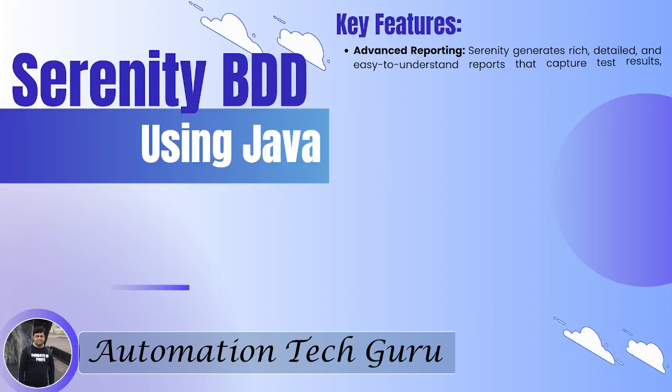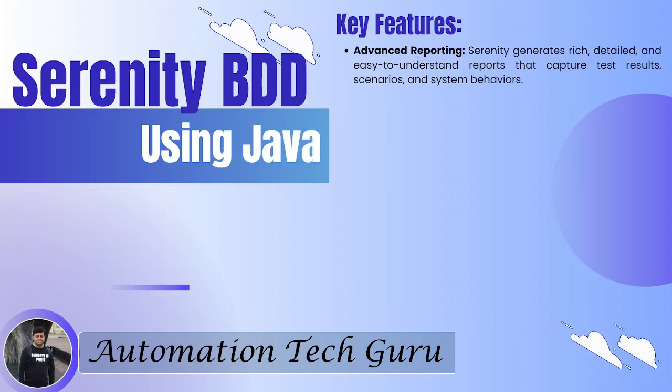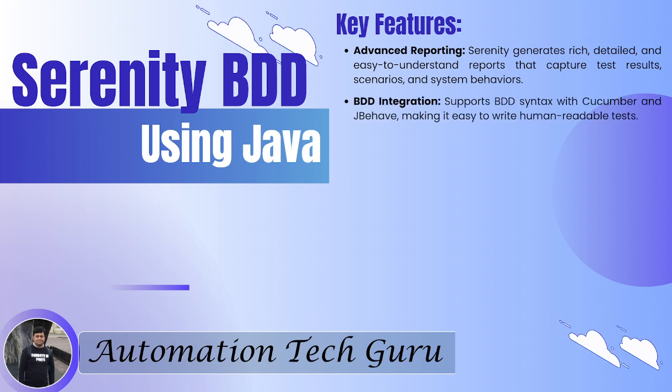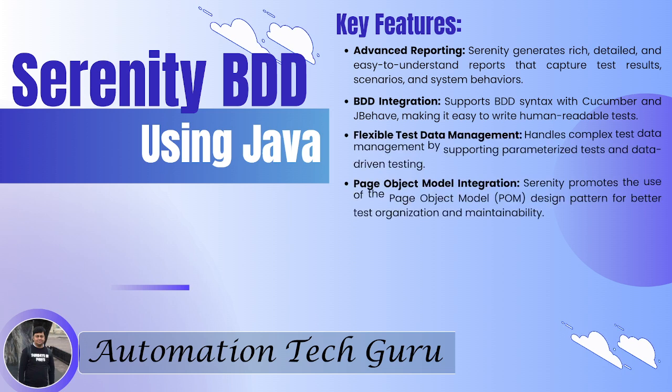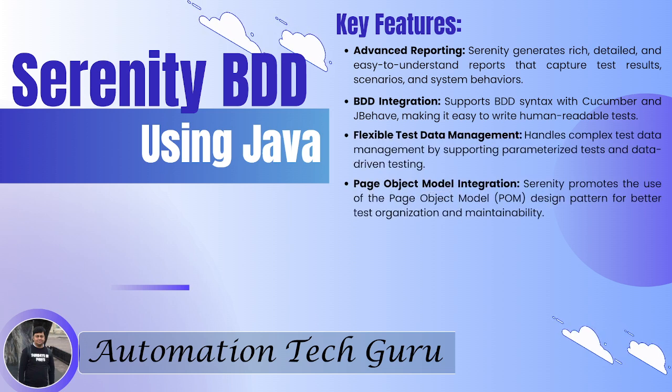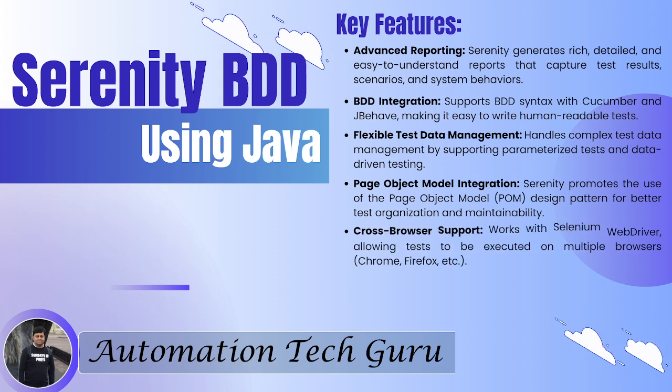Key features. So advanced reporting, as I said, generates rich and detailed, easy to understand reports that capture test results, scenarios and system behavior. BDD integration: it can be integrated with Cucumber and JBehave. Flexible test data management: it can handle complex test data by supporting parameterized tests and data-driven tests.